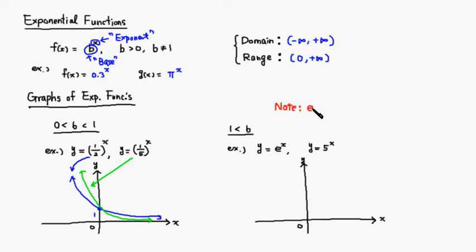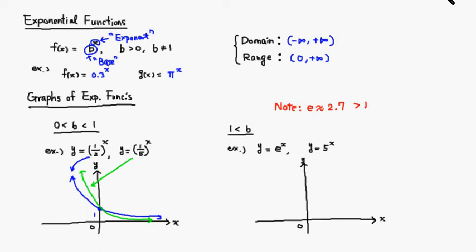It's about 2.7. For now, we don't have to worry about the precise definition of the number e, but all you need to know is that e is just a number about 2.7, so it's definitely greater than 1.